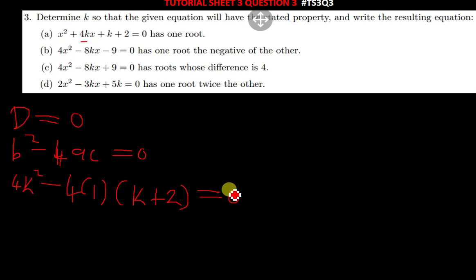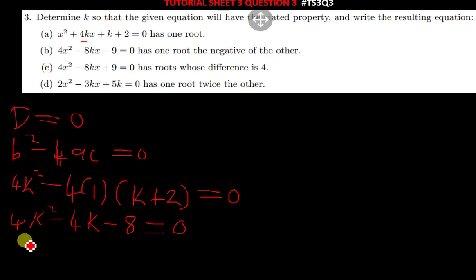Here it's just a matter of multiplying. We have 16k squared, and then here you have negative 4k minus 8 is equal to 0.